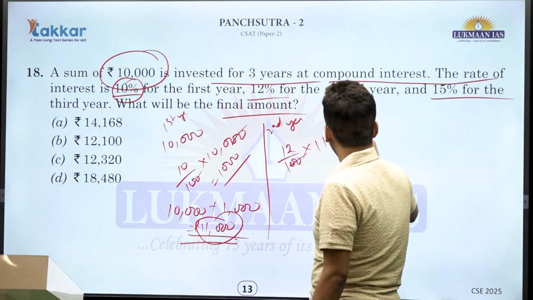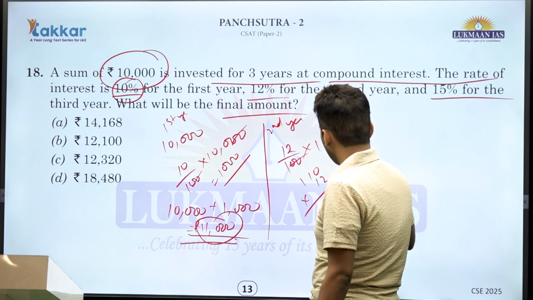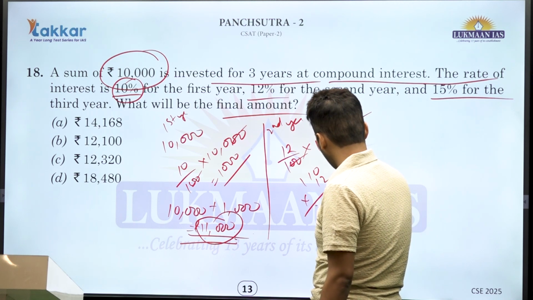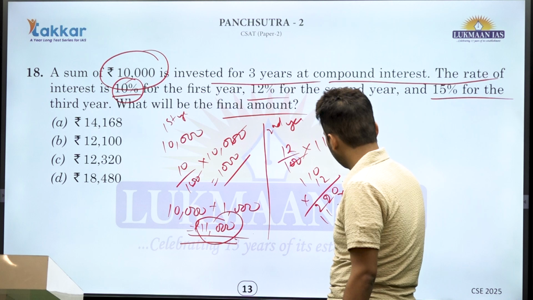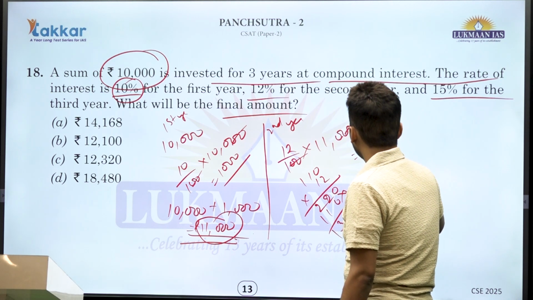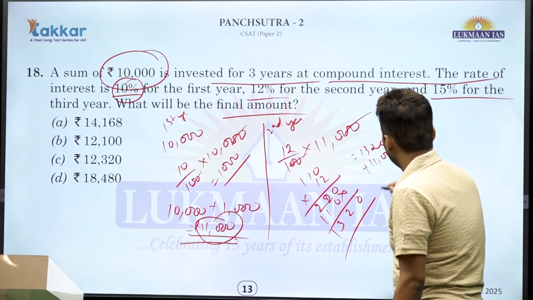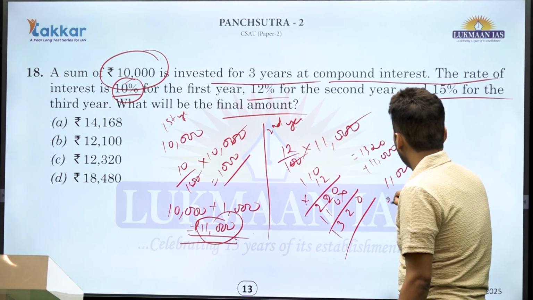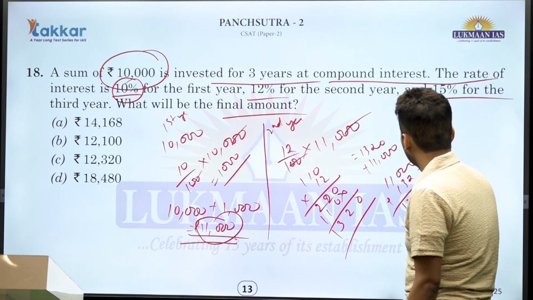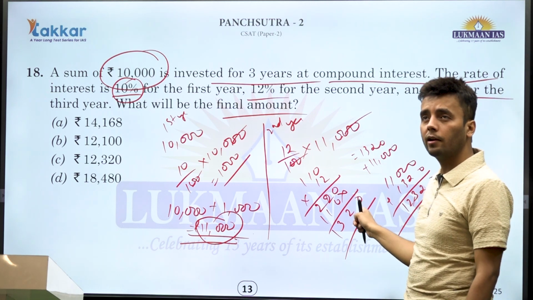What's the value we get? 110 into 12 is 1,320. So we will add this to the new principal amount: 11,000 plus 1,320, that is 12,320, is the amount which we get after the second year.